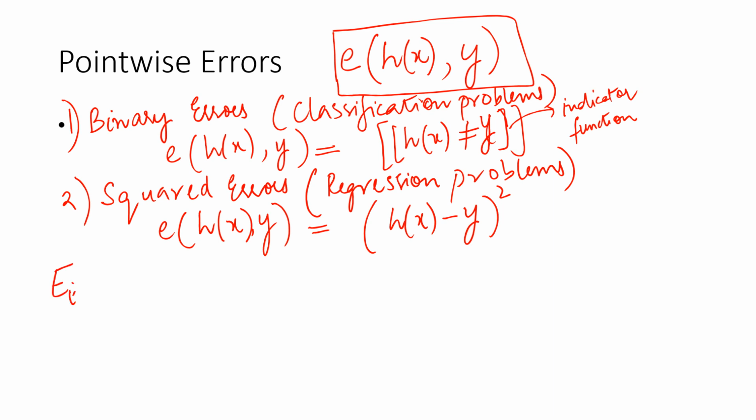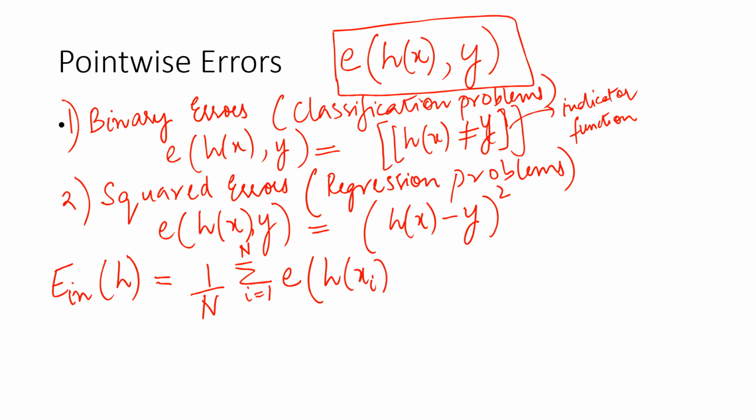In order to write the in-sample error for hypothesis h, it's nothing but the average of all these pointwise errors defined for all the points in my sample, i from 1 up to n, the sum of all the pointwise errors defined for all x i and y i. So this is my in-sample error.